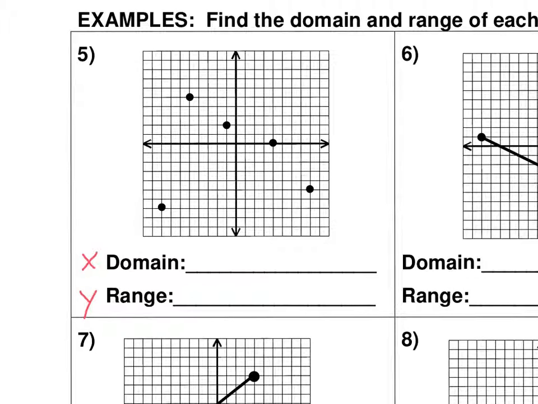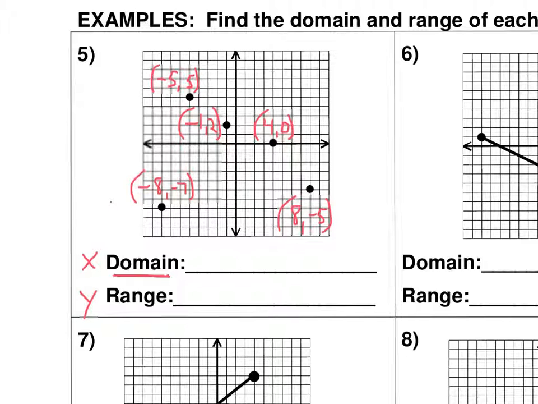So let's go ahead and see what these ordered pairs are. On the paper we're going to put our ordered pairs. So this one is -5, 5. This is -8, -7. That is -1, 2. 4, 0. And 8, -5. So what we're going to do is list all of the x values that appear on this graph.